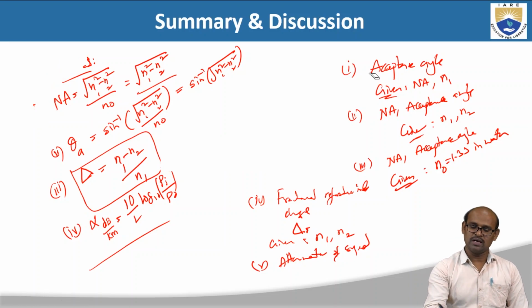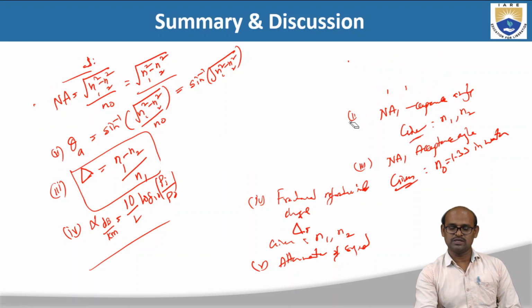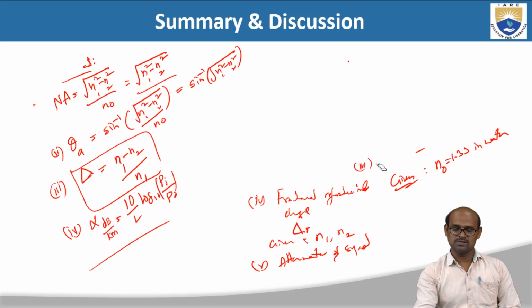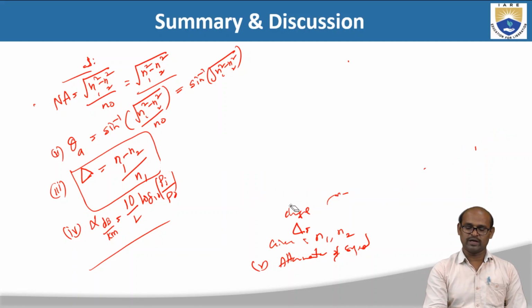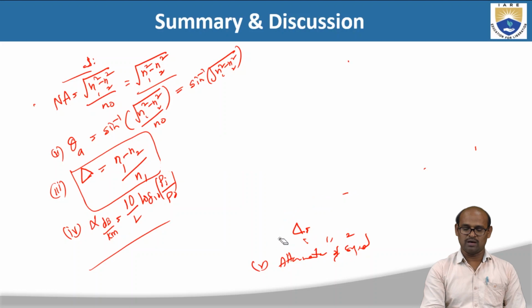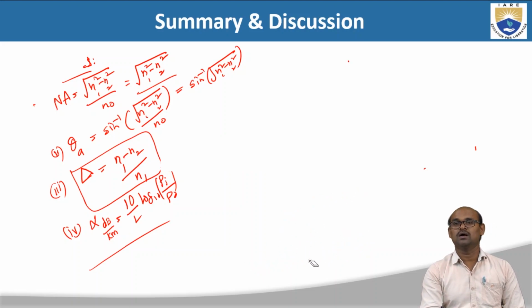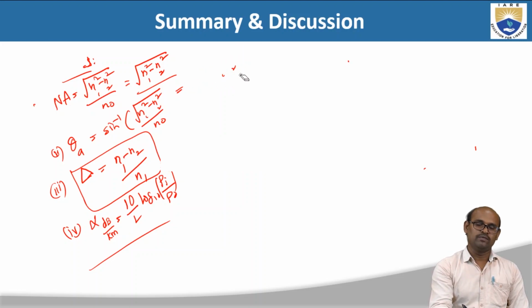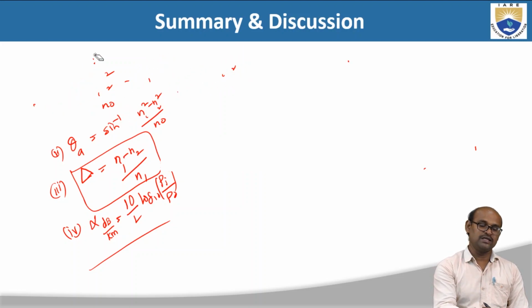Okay, in earlier presentations I have also discussed the derivations of these formulas, right? How we got the numerical aperture formula, square root of n1 square minus n2 square by n naught. I have also derived the formula for acceptance angle, theta a, as sine inverse of square root of n1 square minus n2 square by n naught.